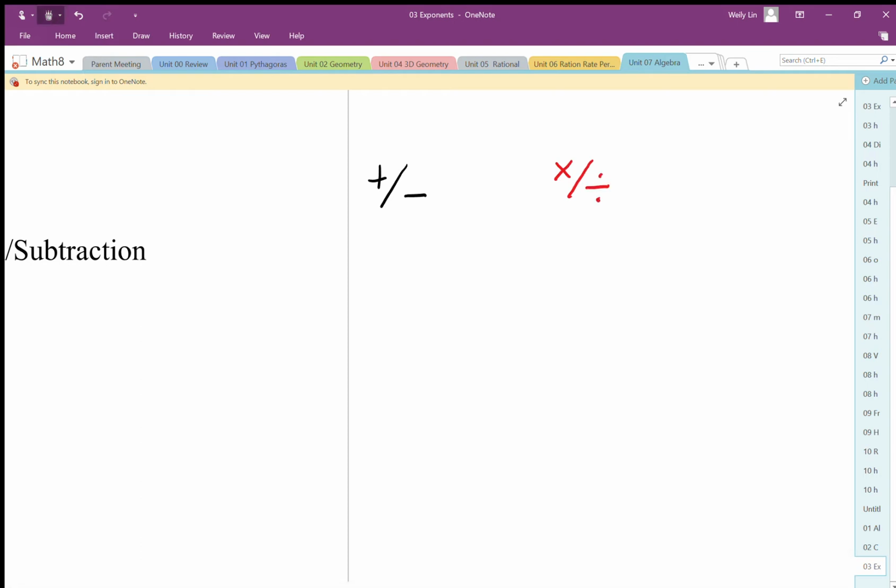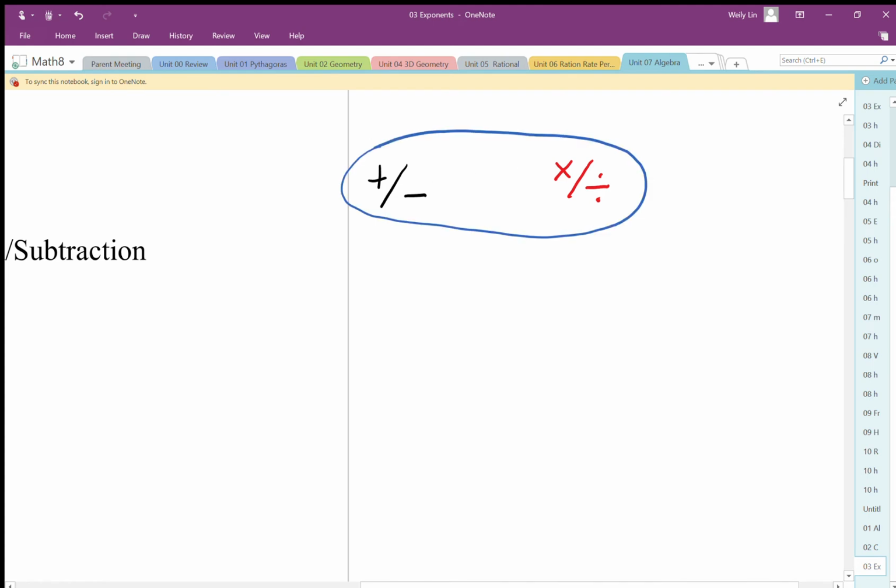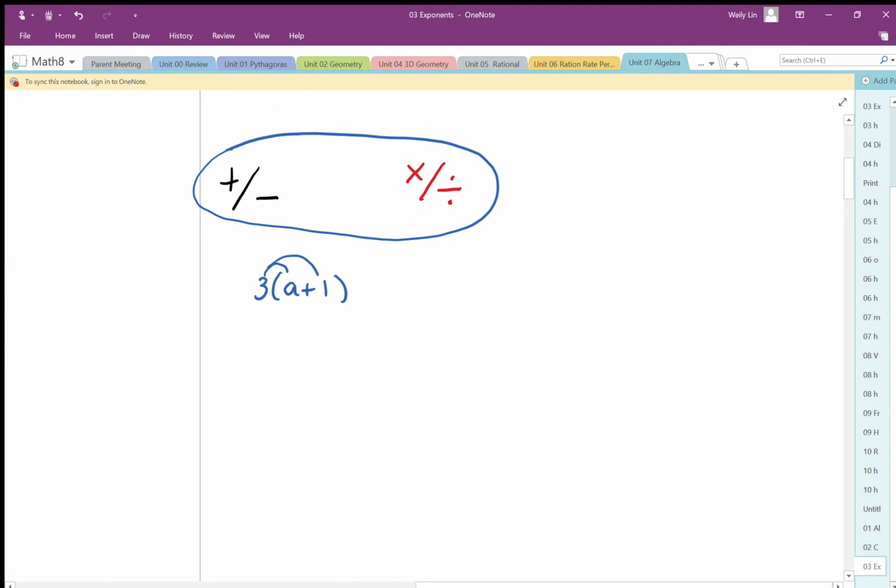There is a connection between add and subtract and times and divide. These things are close enough together that they're related, and we can connect them through distribution. So for example, if I have 3 times a plus 1, I can distribute to connect multiplication with addition.